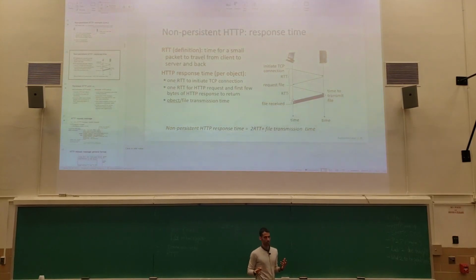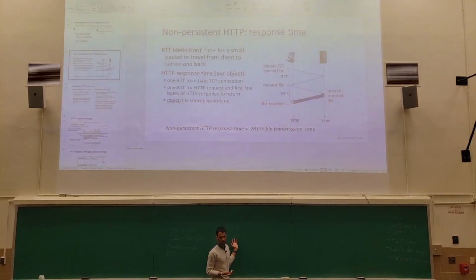Is this all the time for the whole web page? No, this is only the time for the base file. At this point, the client has fetched the base file. Now it knows, by looking at the base file, that there are n inline object URLs, each of which it has to fetch. How much time is it going to take to fetch each of them? It's going to incur a very similar cost for each one.